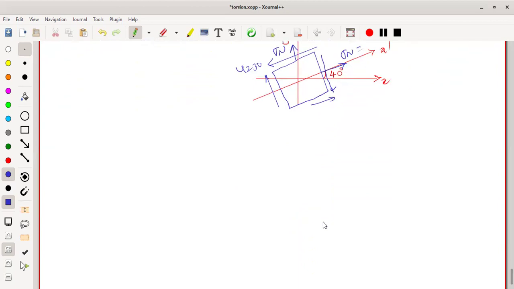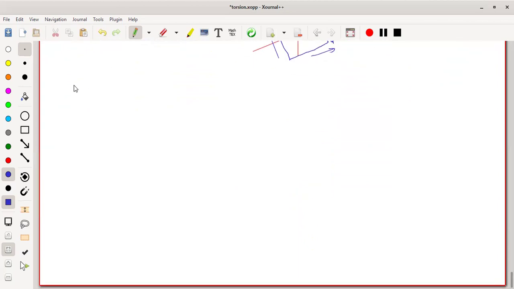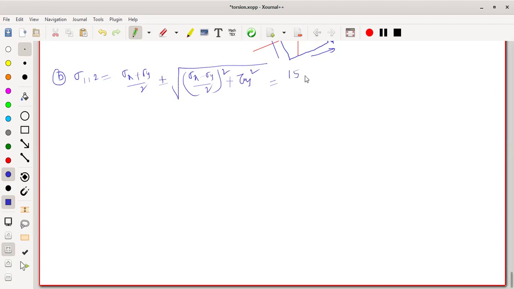Next, second question. B. So B indicated as we have to calculate sigma 1, 2. So it is sigma x plus sigma y by 2 plus or minus square root of sigma x minus sigma y by 2 whole square plus tau xy whole square. Here sigma x is 15 kilopascals only, I am taking in pascals, plus sigma y is 5, divided by 2 plus or minus square root of 15 minus 5 divided by 2 whole square plus 4 whole square.